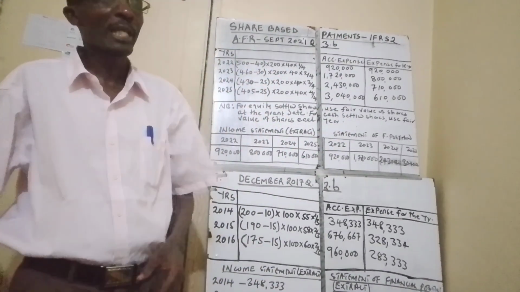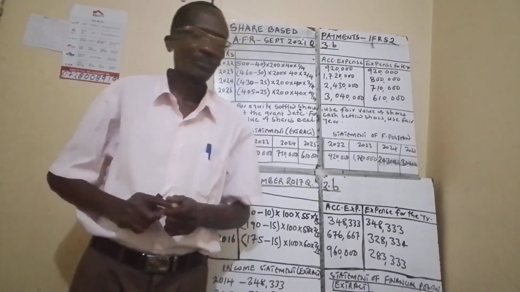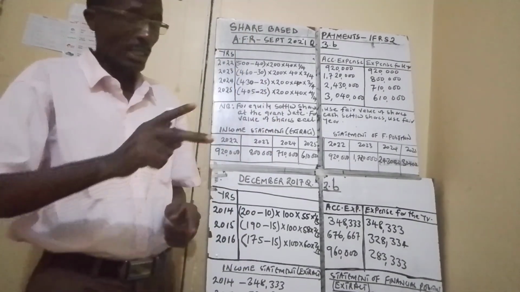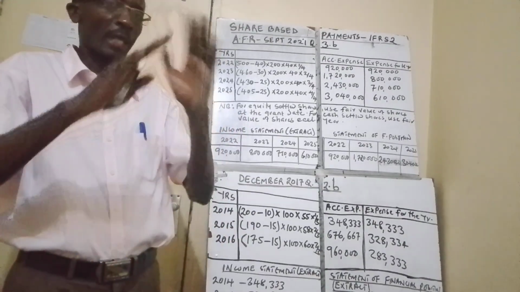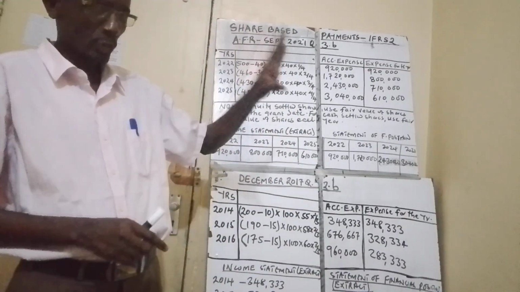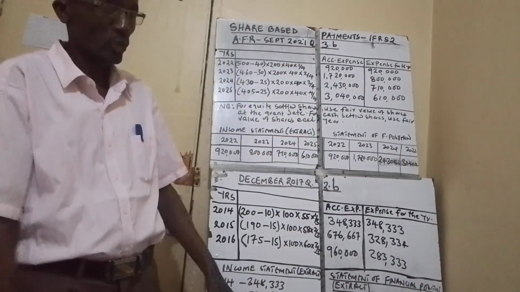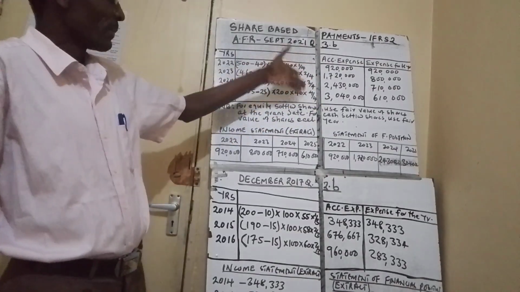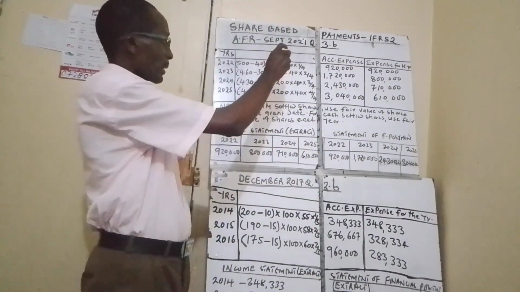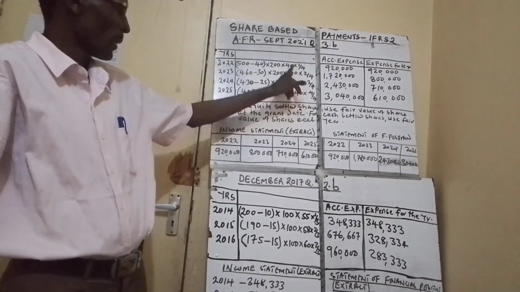The other situation is where the settlements are being done through cash, or cash settled shares. Remember, we have said there are three types of share-based payments: through equity, through cash, or through equity and cash. So the two differences you will see as we attempt this question here. What is the major difference? The major difference arises in terms of this number you are trying to multiply here.